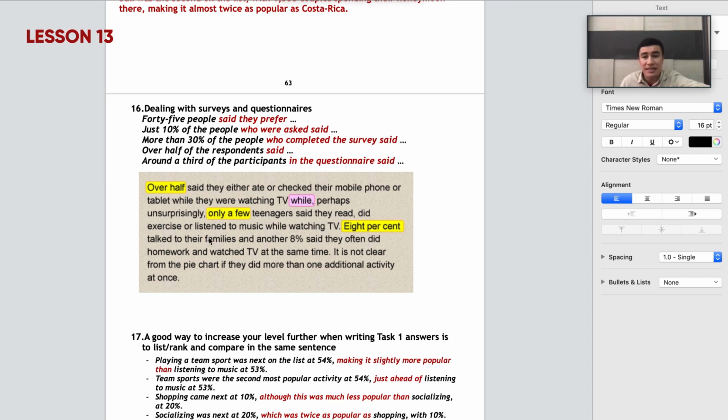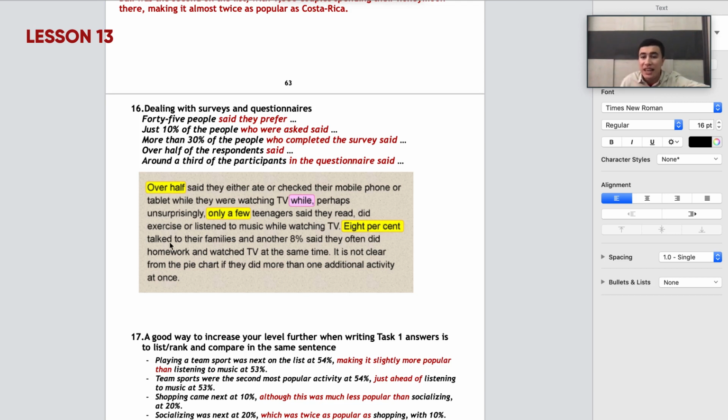Okay, let's consider this example here. Over half said they either ate or checked their mobile phone or tablet while they were watching TV, while perhaps unsurprisingly, only a few teenagers said they read, did exercise, or listened to music while watching TV.